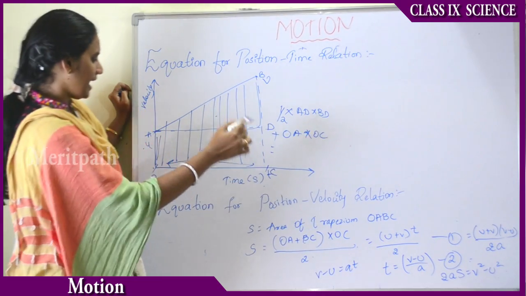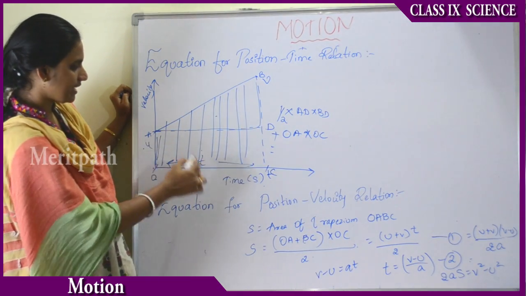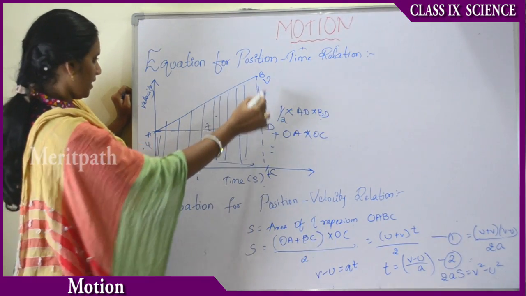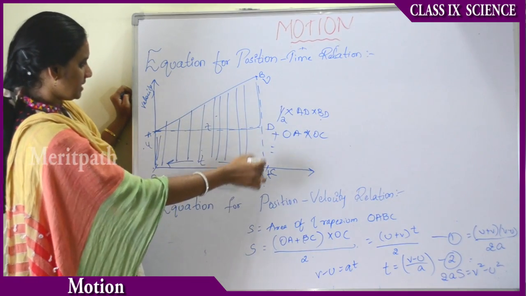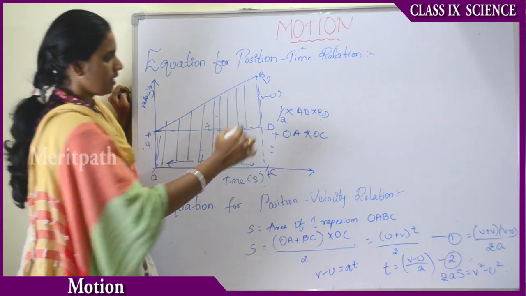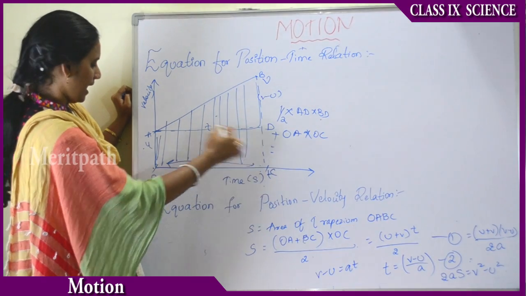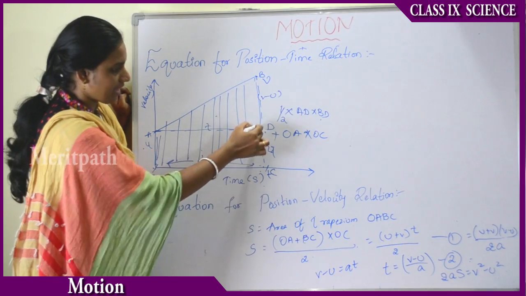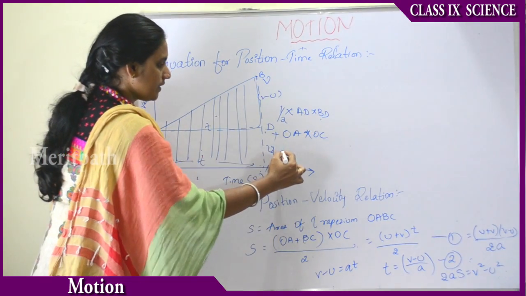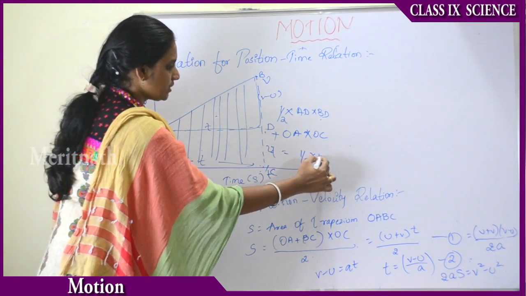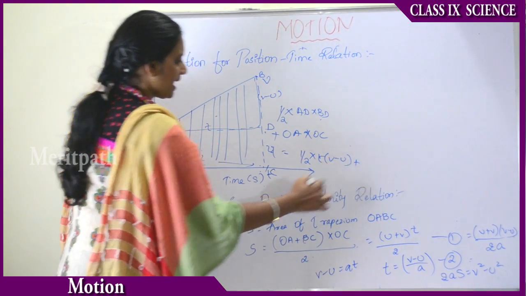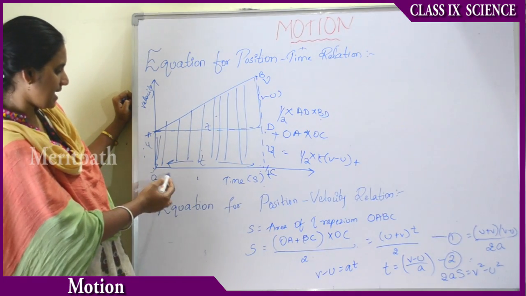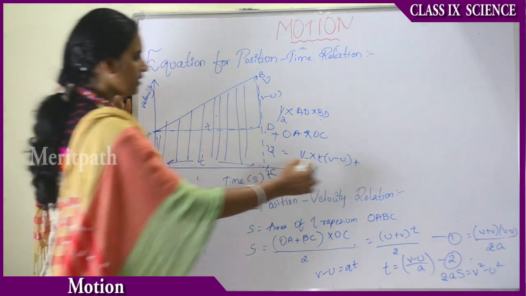Now we can say that AD is T, right, and BD is V minus U, because the total is V and the length OA or DT is equal to U. Therefore we have half into T into V minus U, plus OA into OC, that is OA is U and OC is T, therefore UT.